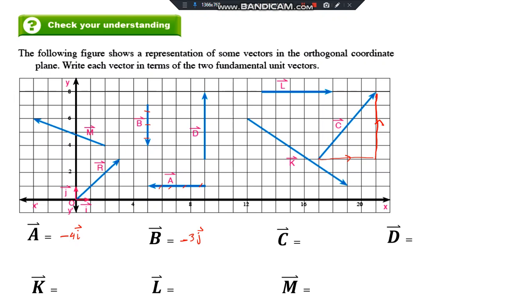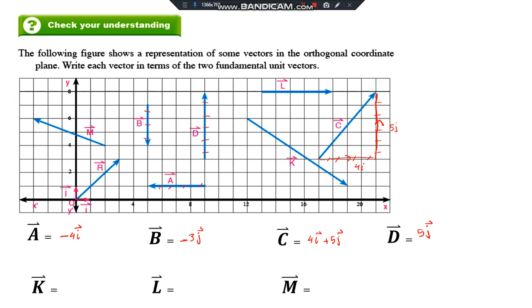The horizontal vector is 1, 2, 3, 4, so it's 4i, and up in the positive direction also, 1, 2, 3, 4, 5, so 5j. So we can write C as 4i plus 5j. And the vector D in the positive direction of the y-axis, 1, 2, 3, 4, 5, is represented by 5j.